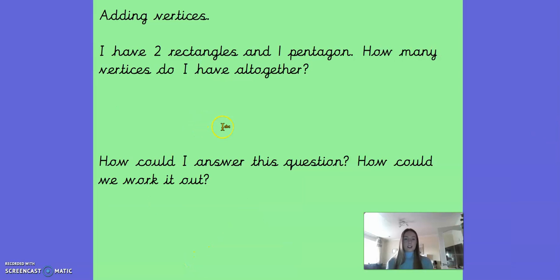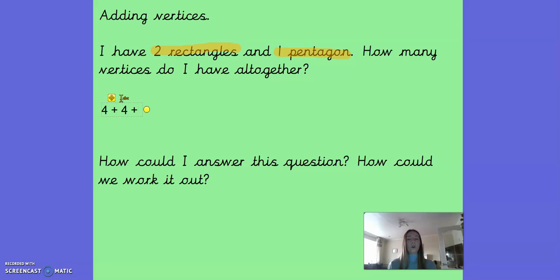Next, it's asking us to add some different shapes. It says I have got 2 rectangles and 1 pentagon. I'm just going to highlight it to help me remember what shapes I have got. So I've got 2 rectangles and 1 pentagon. How many vertices do we have all together? Now we know that we said a rectangle has got 4 vertices, and we've got 2 of those.